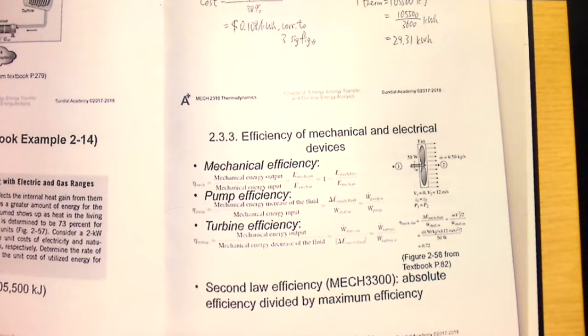This is governed by the second law of thermodynamics. Therefore, we will define a new term called the second law efficiency to reflect the actual performance of a process, which is the actual efficiency of a process divided by the maximum efficiency one can achieve in that process. The concept of the second law will be discussed in chapter 6, as I mentioned, and if you would like to know more about this second law efficiency, please refer to McCann 3300.